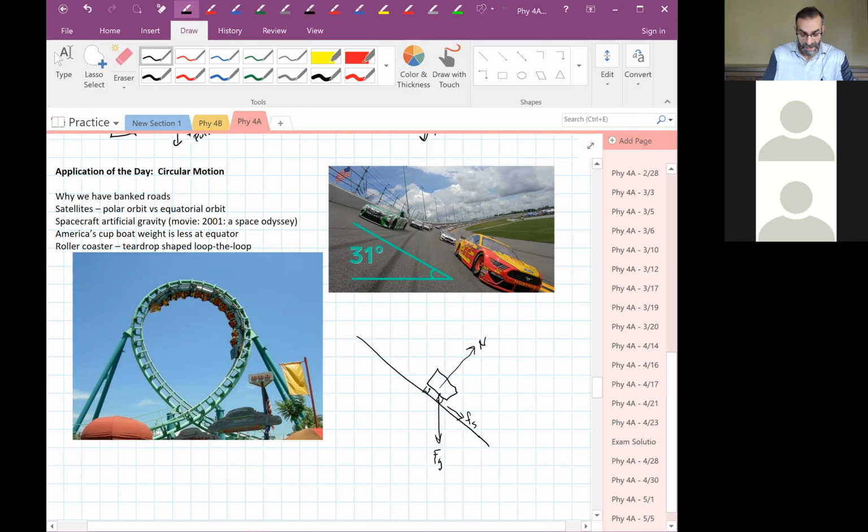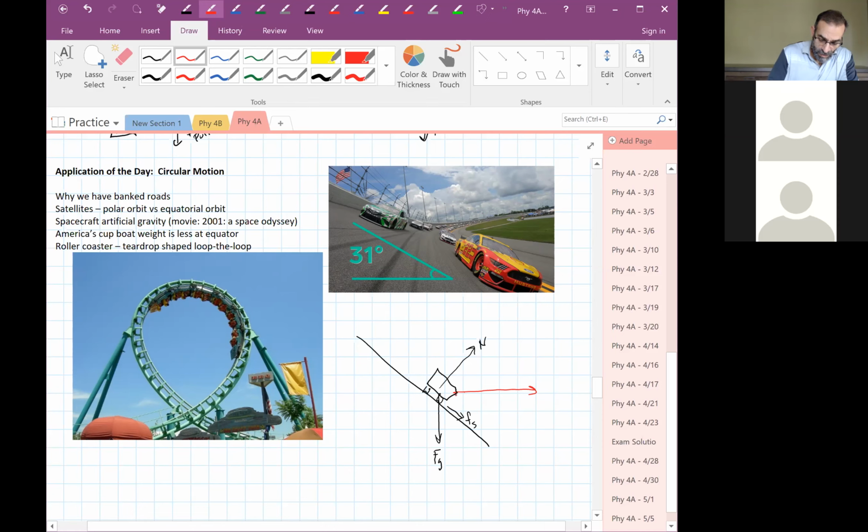right? And what you want to do is think about what is our coordinate system here that we are interested in. This is a circular motion problem, right? The car is going around a circular track or a circular section of the track. And so the center of the circle is this way.